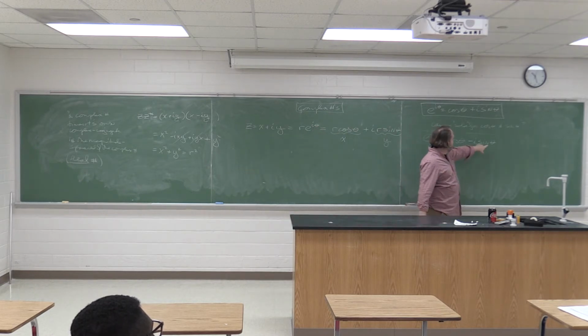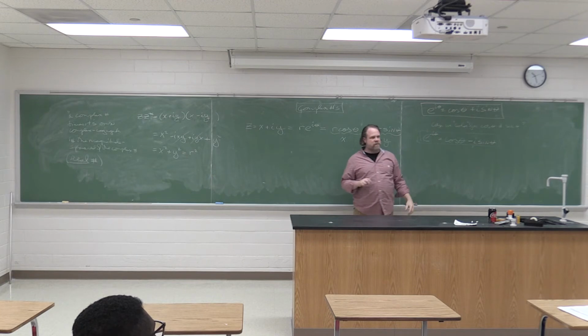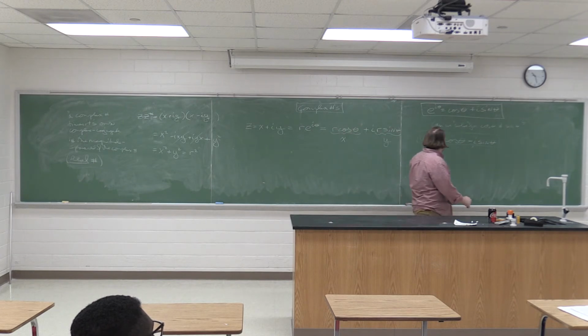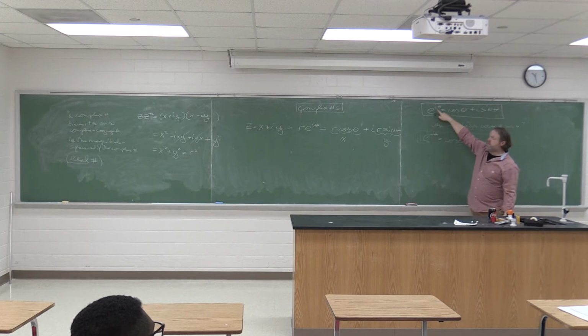I guess you could say I could solve for sine theta and plug it in and then solve for cos theta. A simpler way. Take these two equations and do what to them? I want to do something that would cause the sine thetas to cancel. Or you would just put cos theta plus i sine theta equals cos theta minus i sine theta. No, can't do that because these are not equal. Not divide, but what?